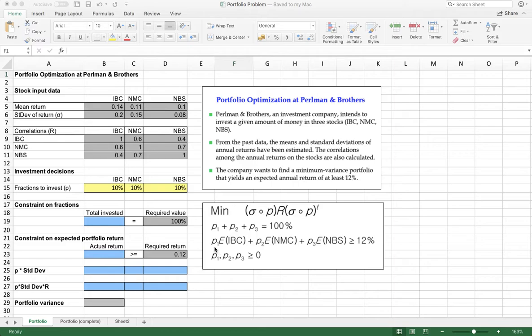And also P1 times expected value of IBC plus P2 times expected value of NMC plus P3 times expected value of NBS has to be greater than or equal to 12%, which means that we want my expected return to be at least 12%. Finally, my decision variables P1, P2, P3 are all non-negative.